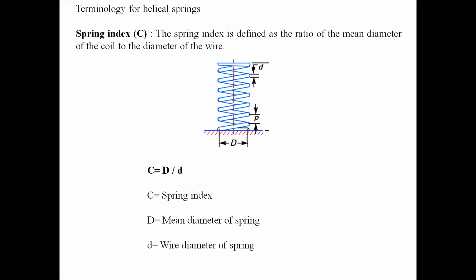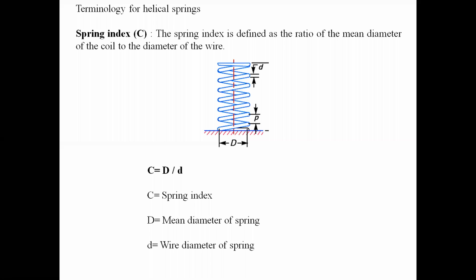Now after this free length, the next important terminology is the spring index. We know that here there are two diameters. One is the diameter of the spring, another is the diameter of the coil wire. The spring index is defined as the ratio of the mean diameter of the coil to the diameter of the wire. If I consider capital D as the mean diameter of the spring and small d as the wire diameter, that is very clear if you just look at the picture.